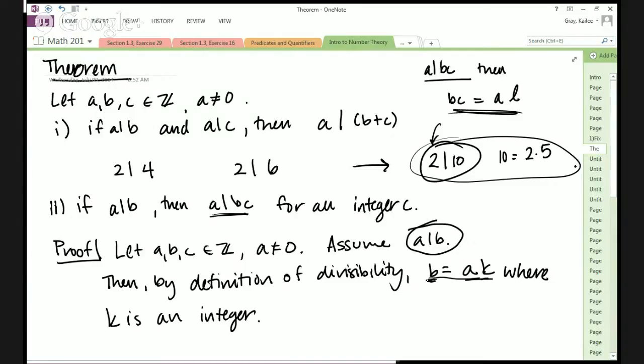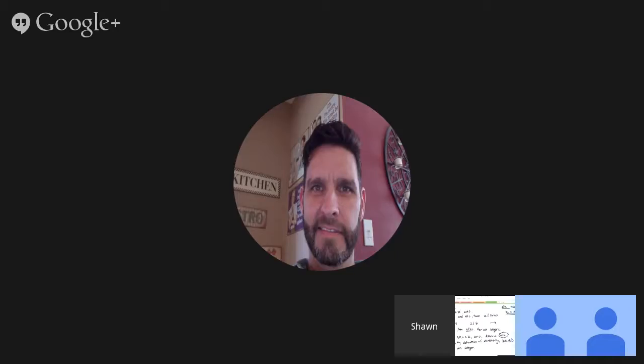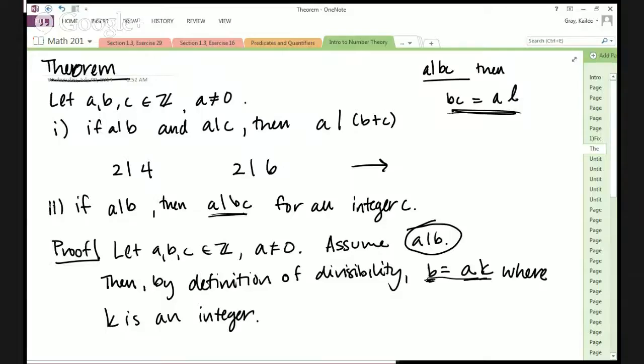So let's see. We're trying to find out something about BC. We know something about B. So how do we go from B to BC? It's right on the tip of my tongue. It's something really simple too. I'm thinking almost algebra.